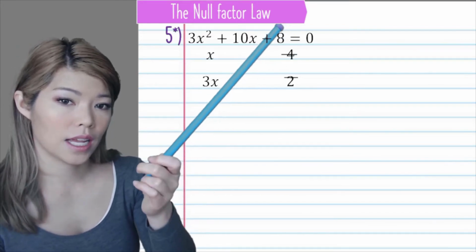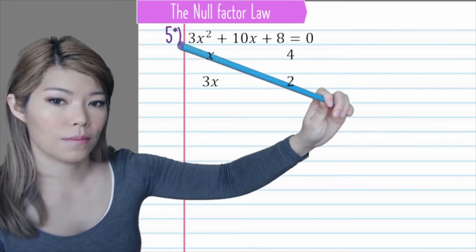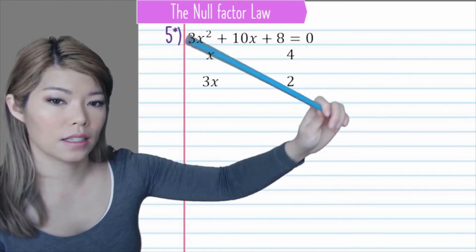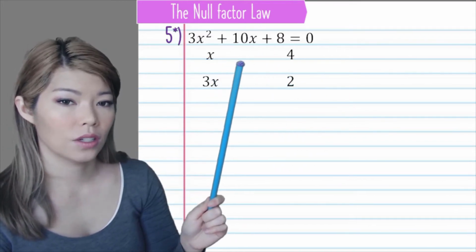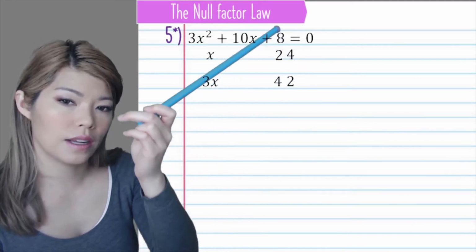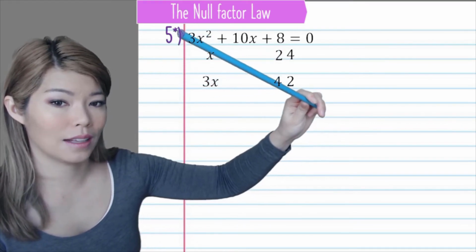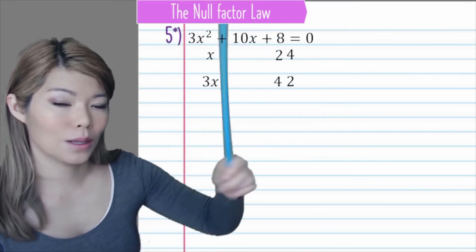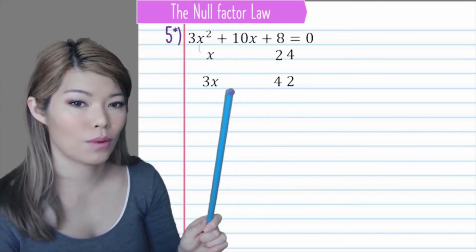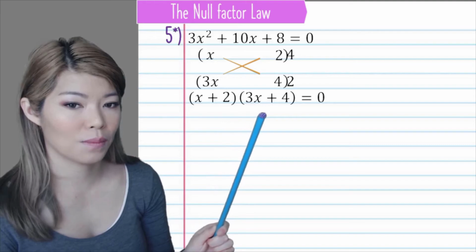But we notice that 4 times 3 is 12, 2 times x is just 2x, 12 plus 2 is not 10. So let's flip them over, use something else instead. 2 and 4 the other way. So 2 times 3 is 6, and 4 times x is just 4x. 6 plus 4 is 10. So let's bracket that off. So we have x plus 2 and 3x plus 4.